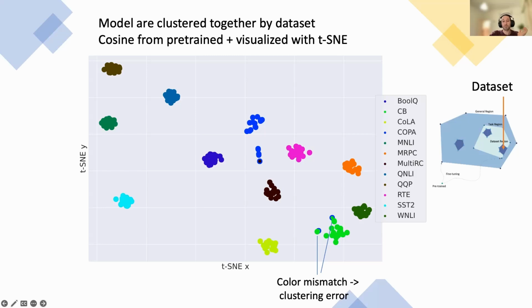In that sense, it means that the different weights are close to each other, or closer to each other than all of the other models that trained on different data sets. But saying that all the same data set ends up in the same space is nice, but it's not that surprising.